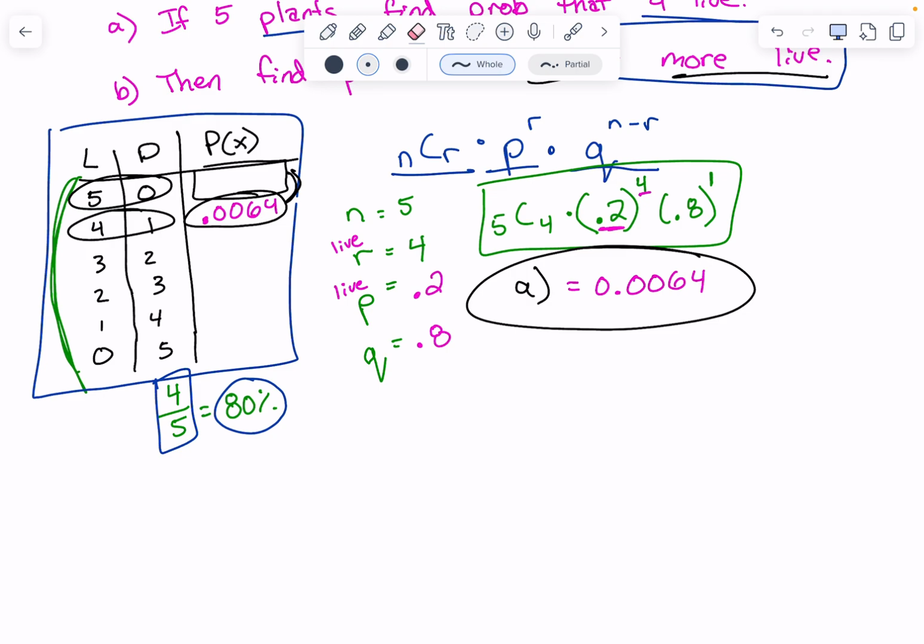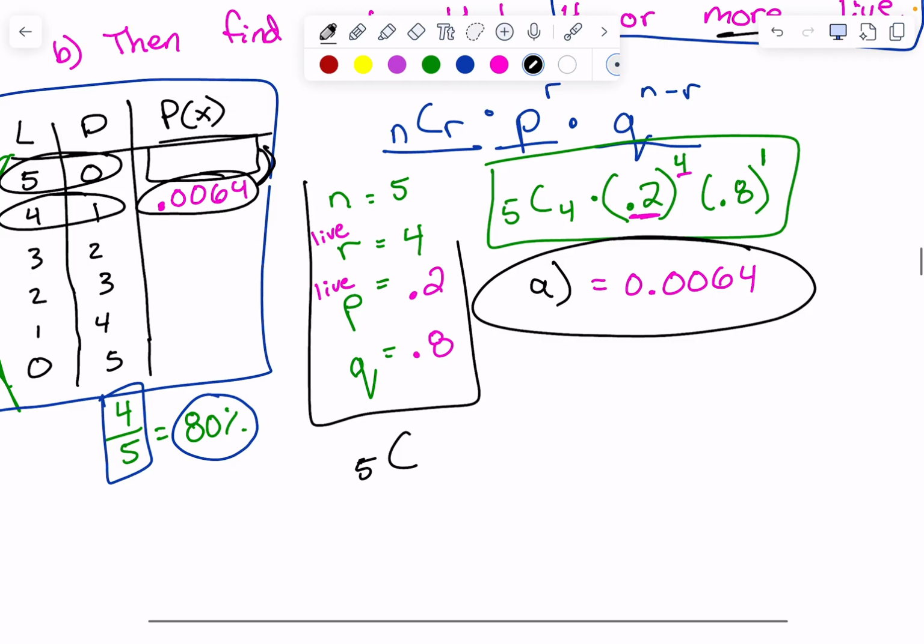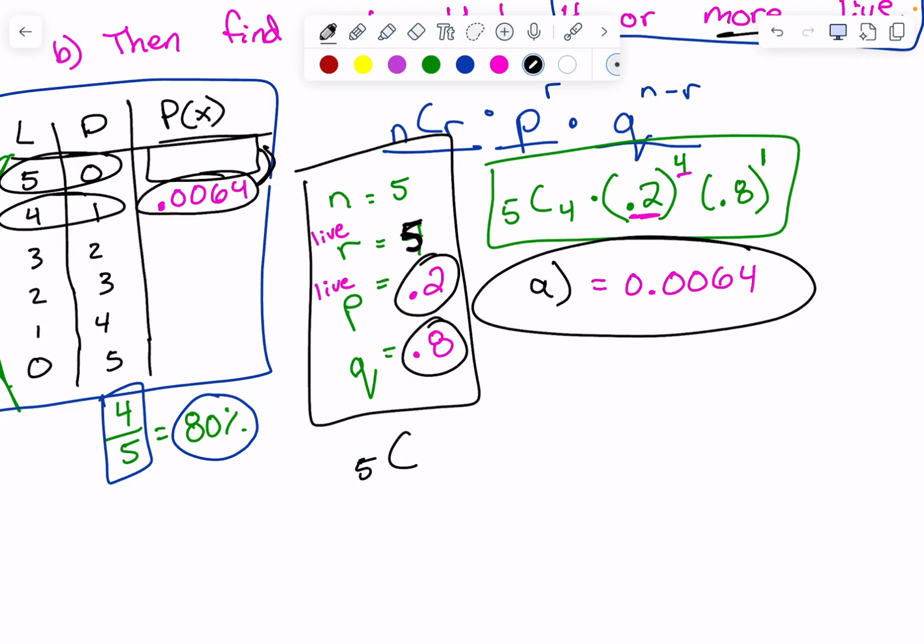So I've got nCr, which is going to be 5C what? We're looking at the live perspective, right? Let's go back up to these. 5C, how many do I want to live? 5C5, right? I want 5 to live. My live rate is still 0.2. My die rate is still 0.8.